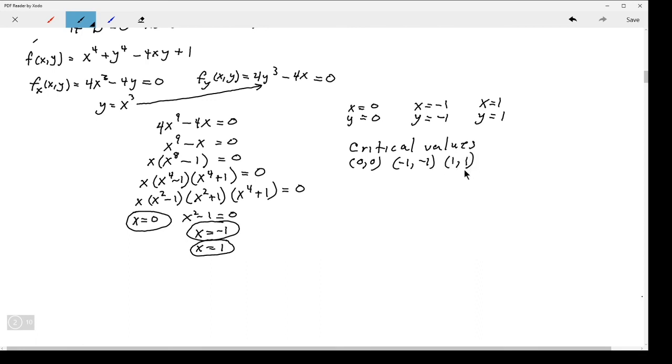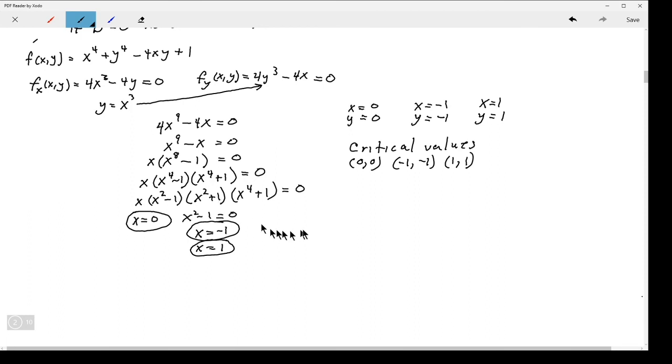Now what I want to do is use the second derivative test to determine which of those is a maximum, which is a minimum, and which is neither. So I have to go back to my test. My test says I have to look at fxx, fyy, and fxy.